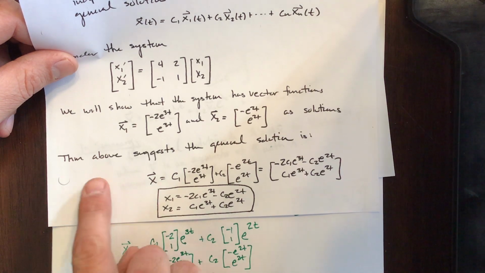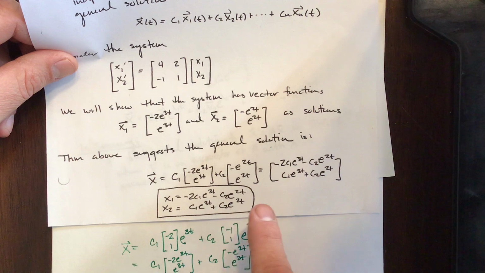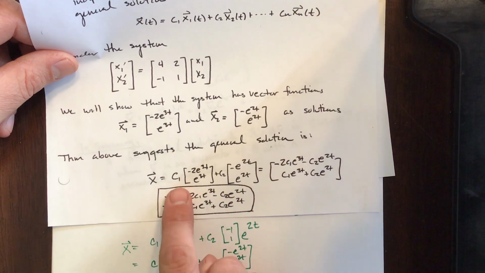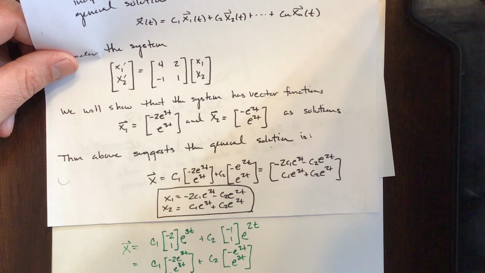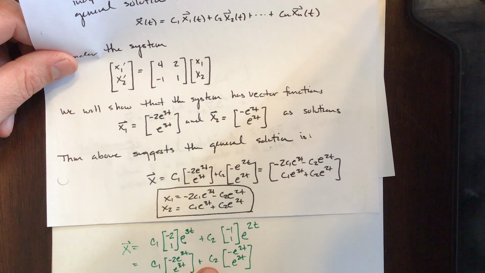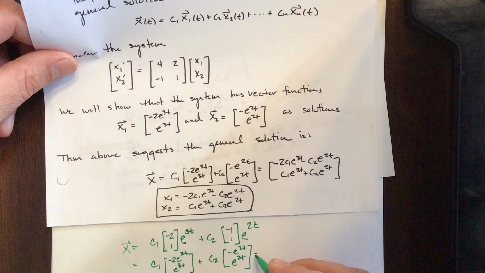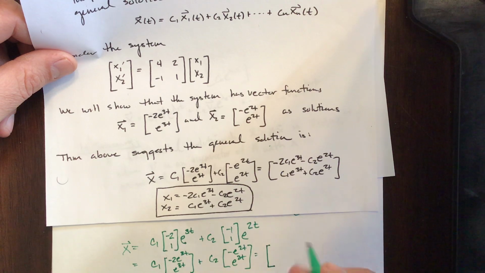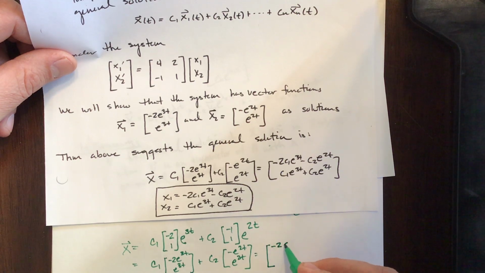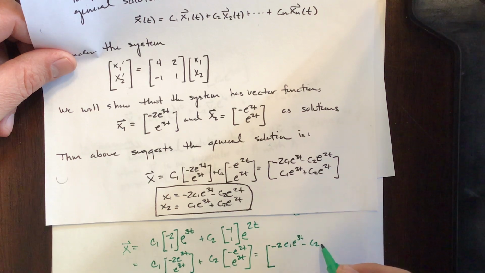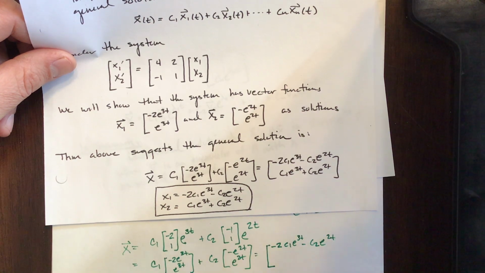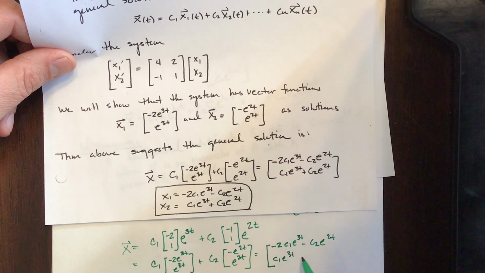So the theorem that we learned in section 9.3 says the general solution is constant 1 times vector 1 plus constant 2 times vector 2. So combine all of that. You get minus 2 c1 e to the 3t minus c2 e to the 2t, c1 e to the 3t plus c2 e to the 2t.